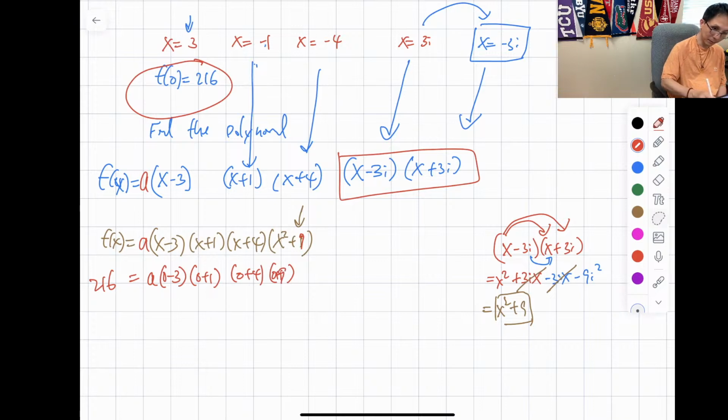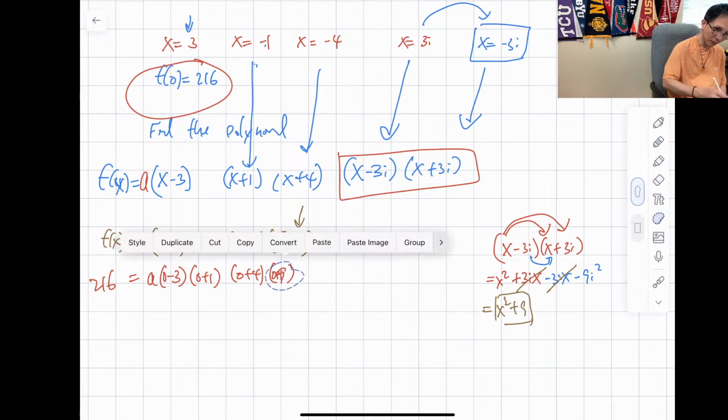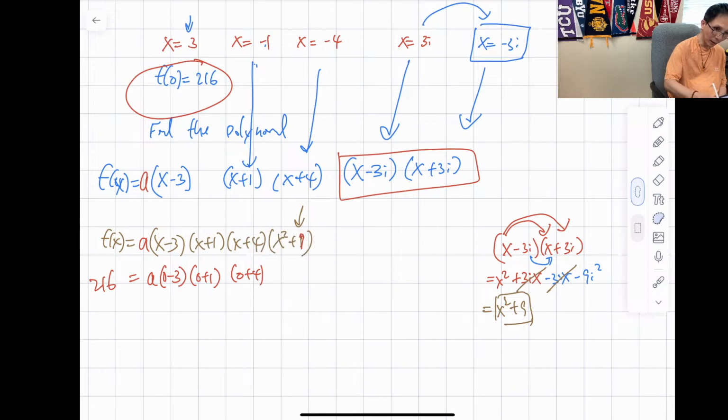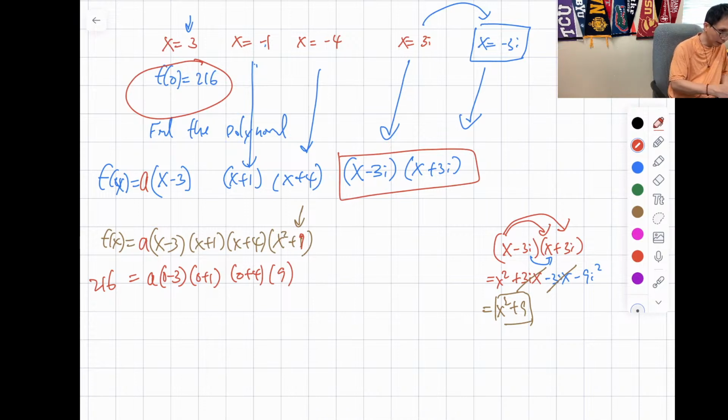Right, let me erase that. So let me delete that. 9, right? Is that okay? So it'll be 216 equal to a times negative 3 times 1 times 4 times 9. Well, that ends up being 36 times 3. I think it's 108.